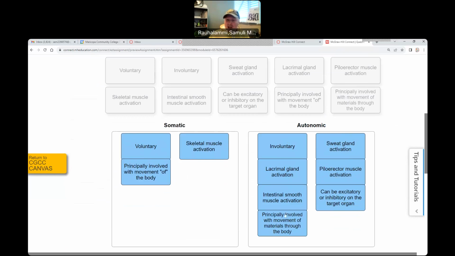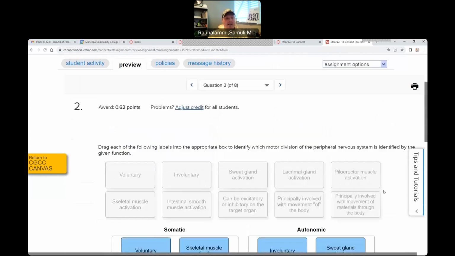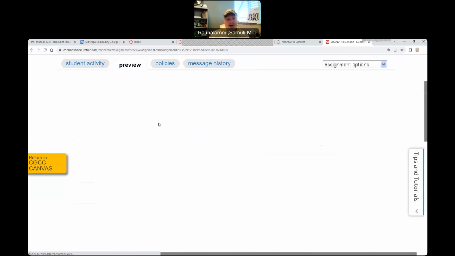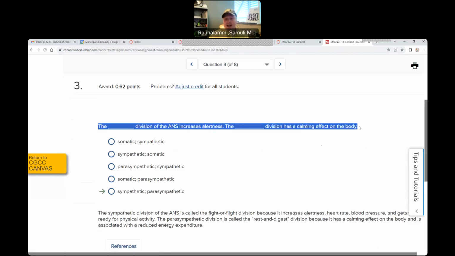Really, a lot of the time, autonomic nervous system responses have to do with the movement of materials throughout the body, whether it's glands, whether it's intestines, and so on. Let's have a look at what else we have for this. Here we have a complete sentence assignment.